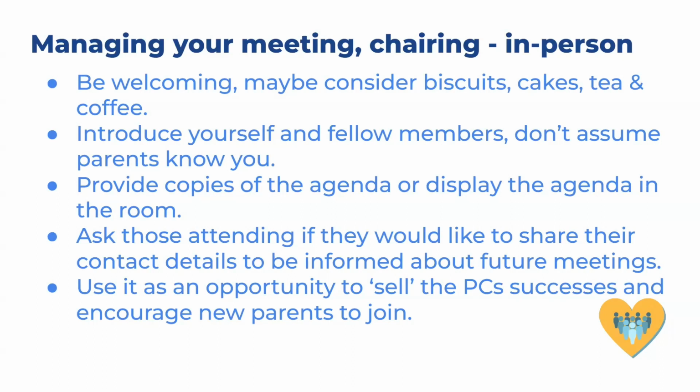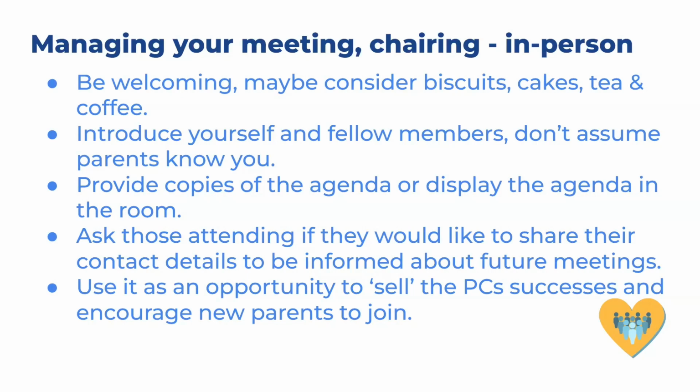We tick to say that we agree to the code of conduct, and we tick to say that it's okay to contact us. That's a really great, straightforward way of collecting that information securely and hopefully signing up new members in the process. And use your AGM as an opportunity to sell the parent council successes and encourage new parents to join.